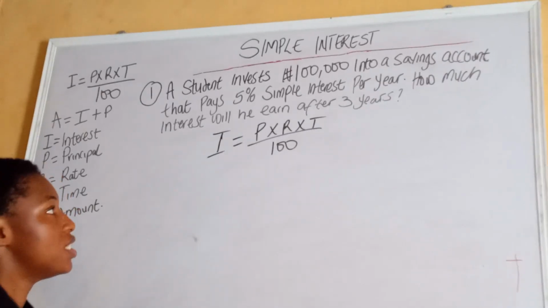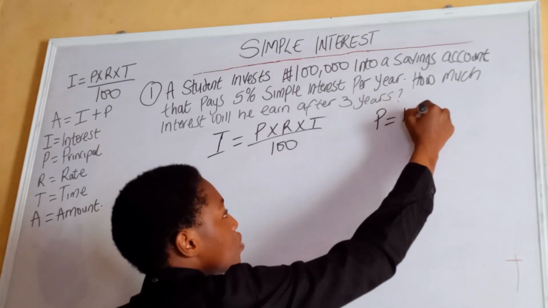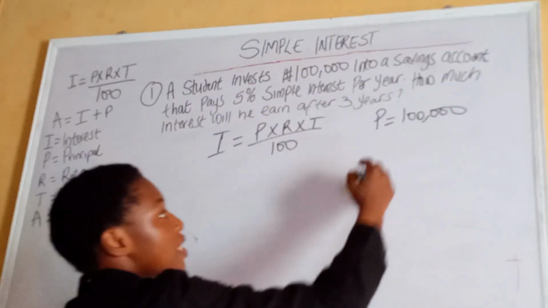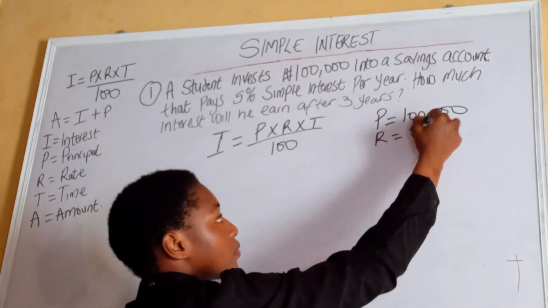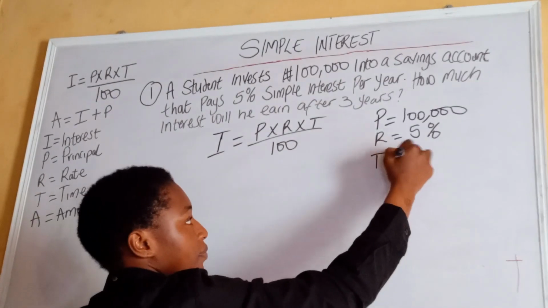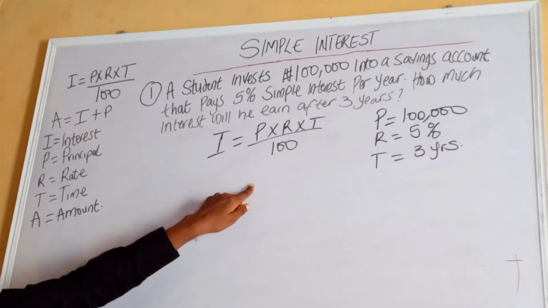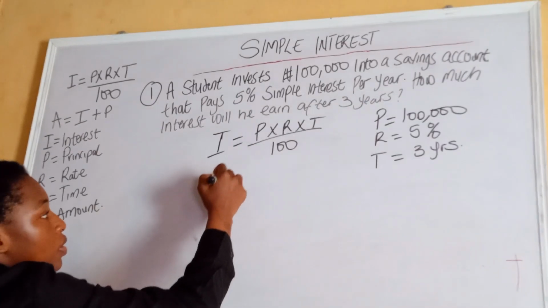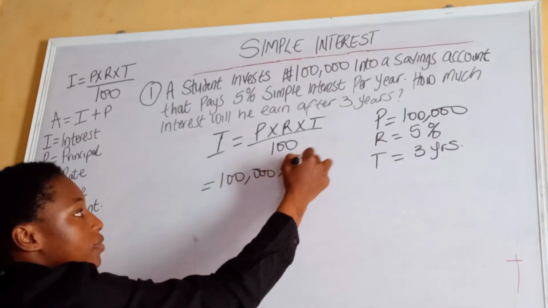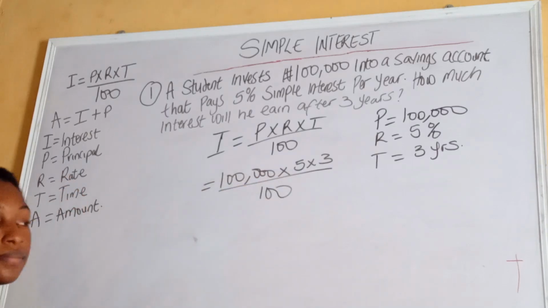What you simply need to do is: our principal here is 100,000, rate is 5%, and the time is 3 years. So you input this into the formula. This would be 100,000 times 5 times 3 all over 100.